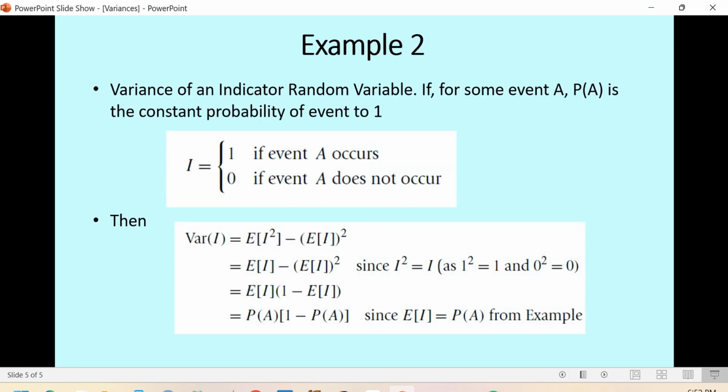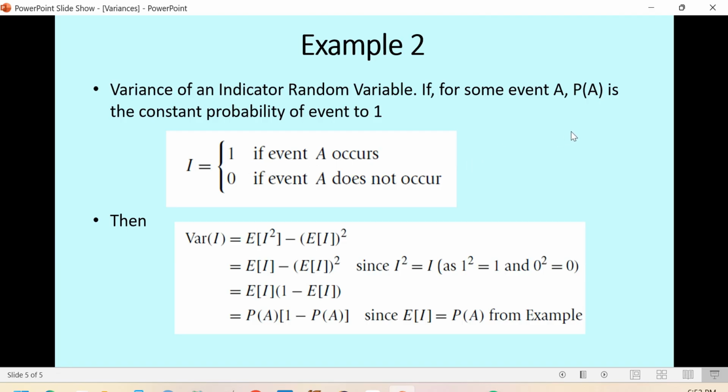The second example is an experiment like a Bernoulli trial. A Bernoulli trial can also be called an indicator random variable, where the result is 1 or 0, like true or false. Only two values can be the result, but we have a constant probability, called P(A), which is the probability of getting the number 1.